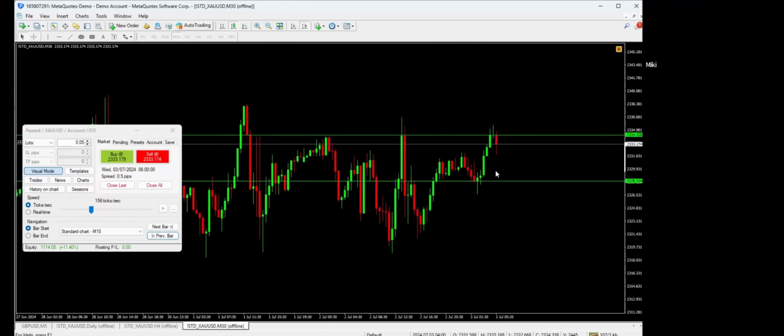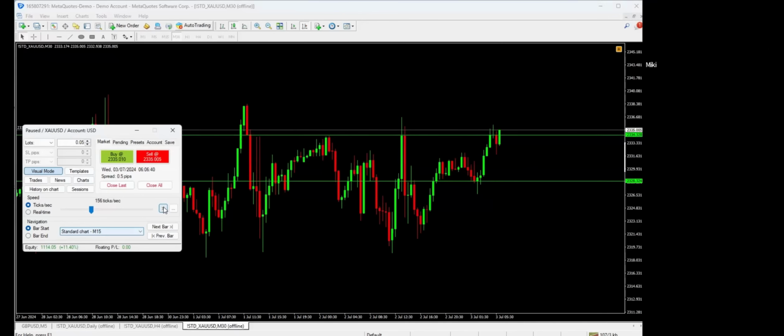So I do have a bias based on the daily time frame. I would like a retest of 23.28 for the buyers, or we retested that resistance for sells. No, I want buyers. 4 hours bullish.